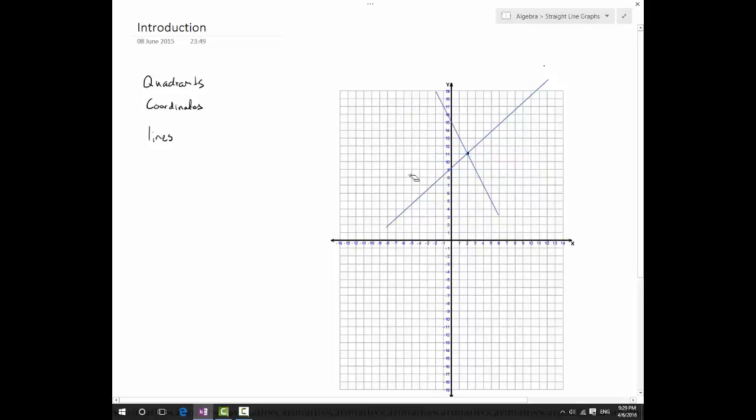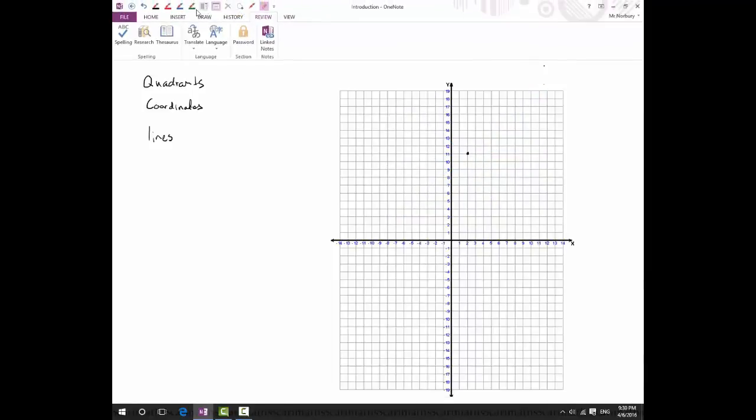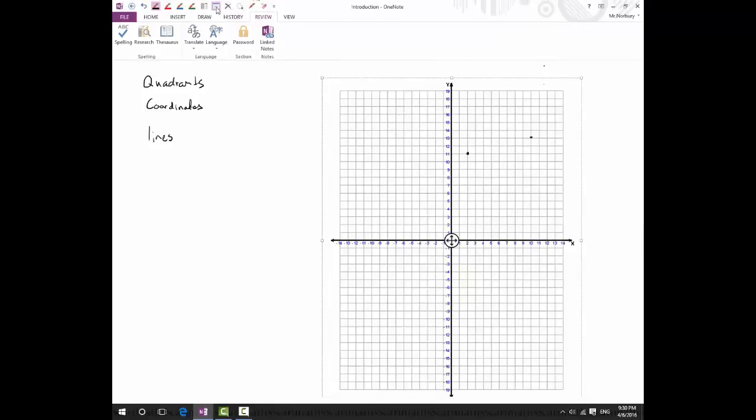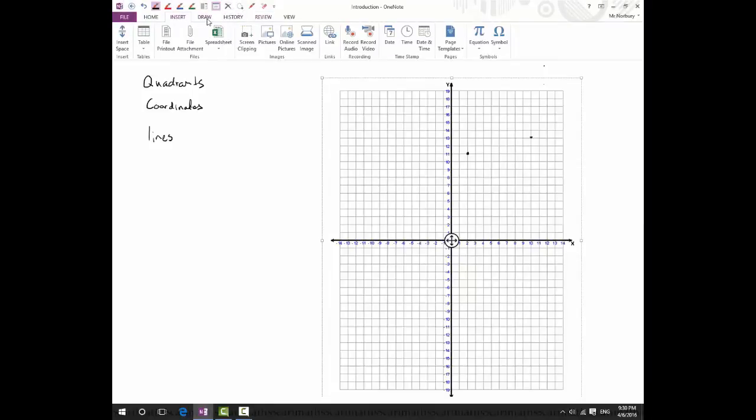What they do is they say, well, a line has to go through 2 points. So if we take that dot there, and this dot here, there is only one line that goes between both of them. And if I can try to draw that line, let's have a look.